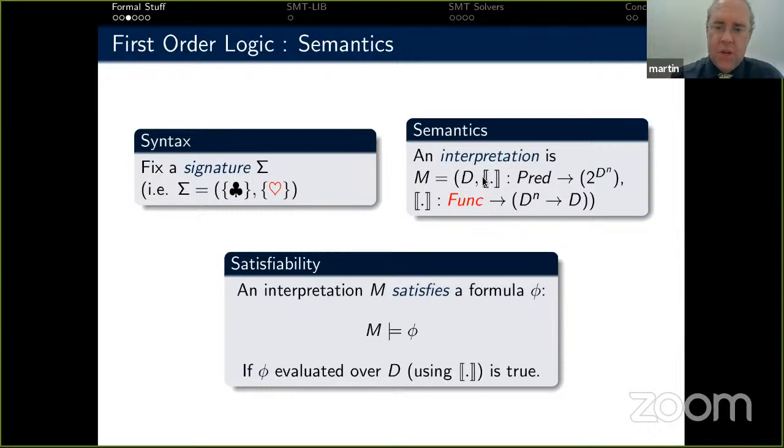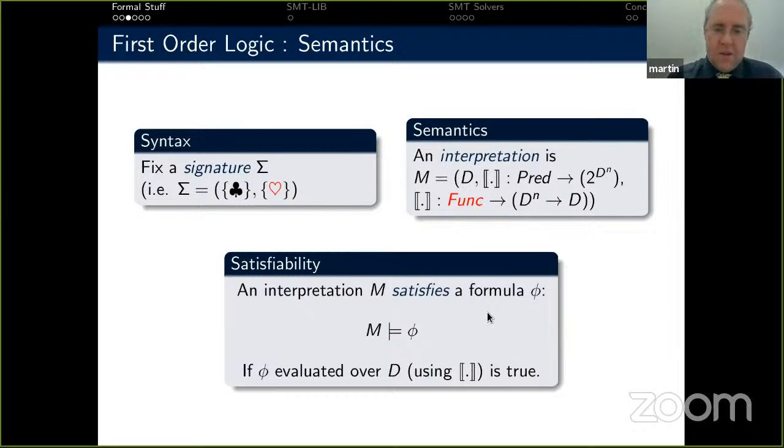And so our interpretation map then takes our predicates and our functions and maps them into predicates and functions on that domain. So we say that a particular interpretation satisfies a formula if, when you evaluate that formula over D using that interpretation map, it's true.